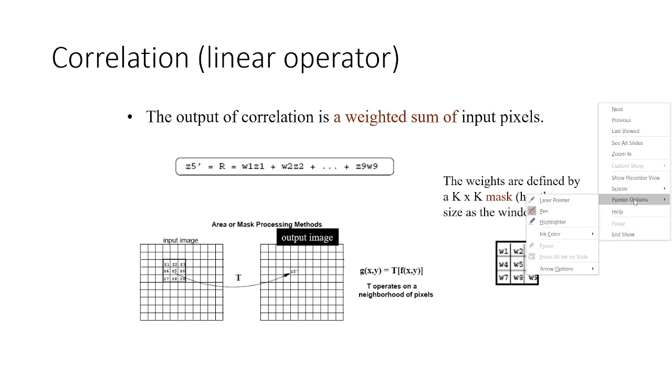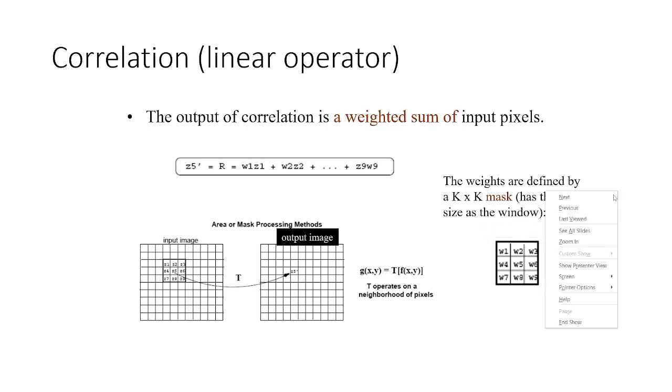Let me take a pointer brush here to highlight that. So this is the neighborhood, and Z5 is what is to be calculated. The new Z5, Z5 dash, is calculated by the weighted sum of products.